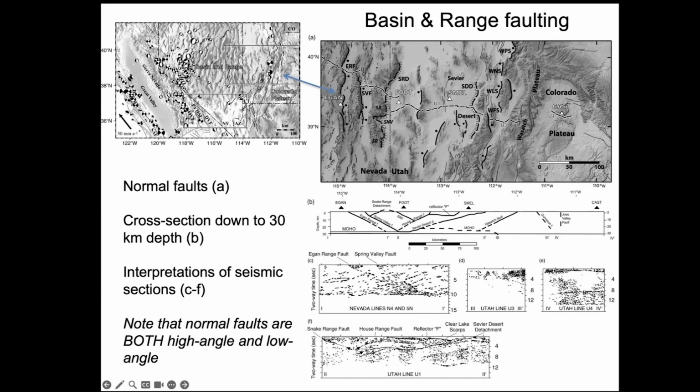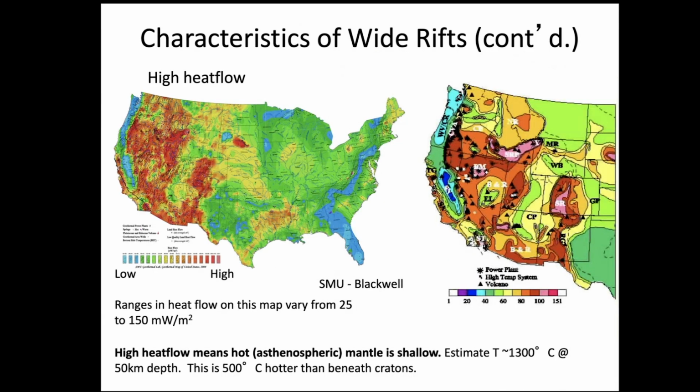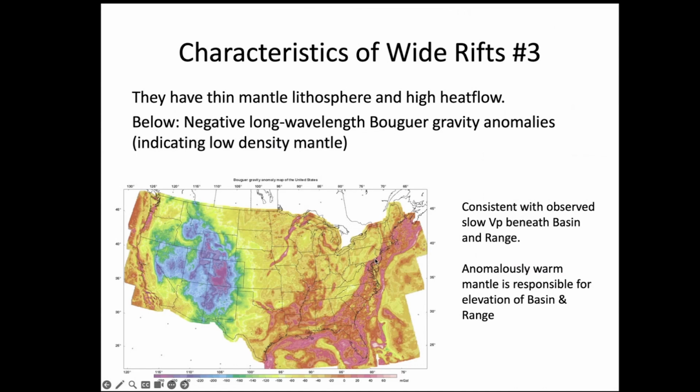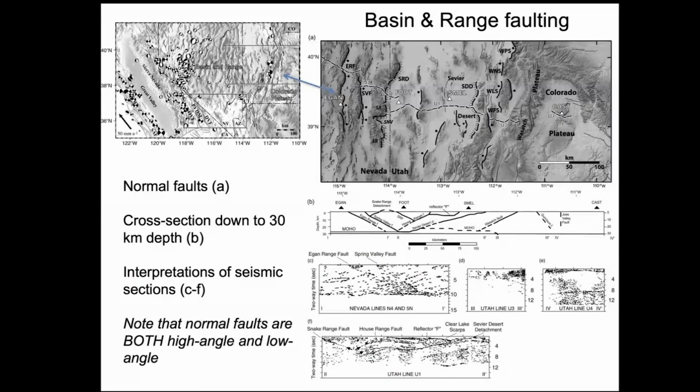And that's what impressed people in drawing these kinds of profiles: steep normal faults near the surface that flatten with depth and actually turn into non-faults, just zones of high strain. So we've got both, near the surface, high angle normal faults, and at depth, they're low angle normal faults.